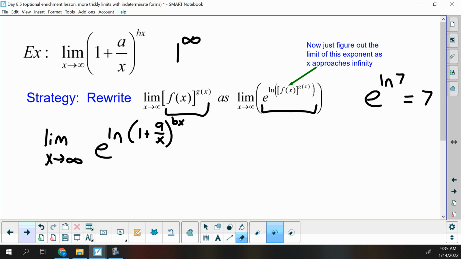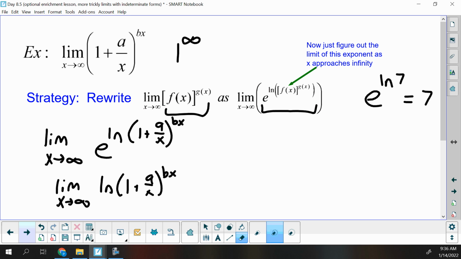Well, what we're going to do is just work with the exponent, and know that whatever the exponent is approaching, our answer is just e raised to that. So we're going to now work with just the limit of the exponent, because that's where all the x's are. But at the end, whatever we get for this limit, our answer will actually be e raised to it.